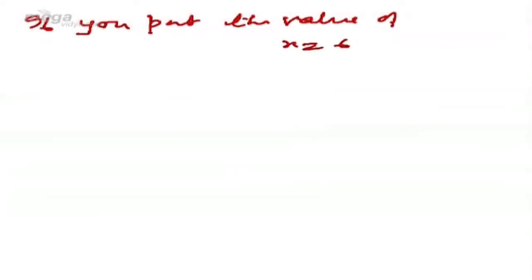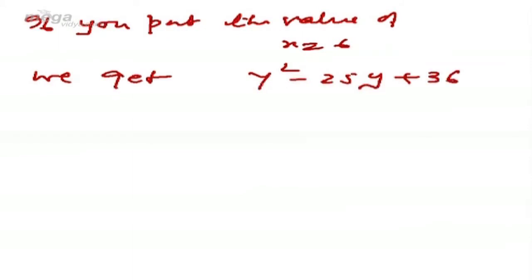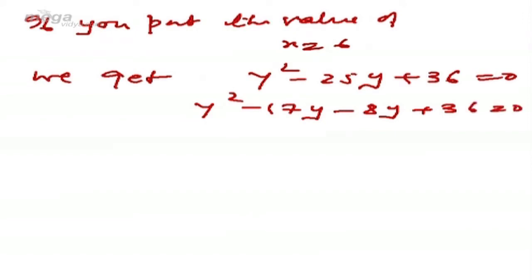If we put the value of x equal to 6, then we get y square minus 25y plus 36 is equal to 0. By factorizing, y square minus 17y minus 8y plus 36 is equal to 0.